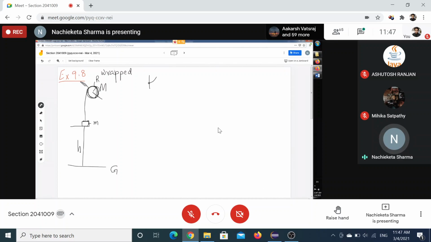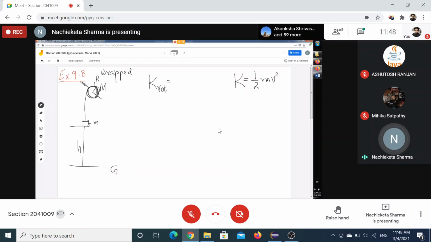And what is its expression? K rotational is equal to, as kinetic energy for translational motion is half mv square. You know, K is equal to half mv square. If a mass m moves with a linear speed v, then it will possess a kinetic energy of half mv square.